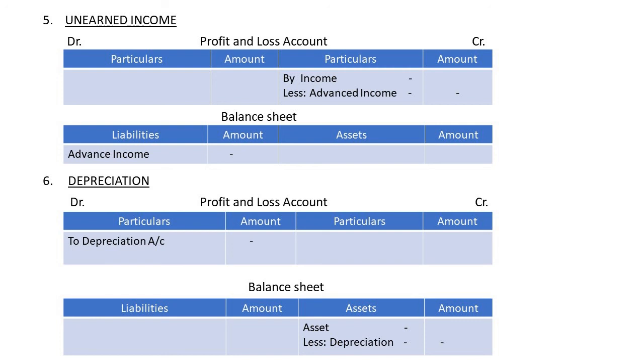Depreciation is the loss or fall in the value of fixed assets due to their constant use in the business. The accounting treatment of depreciation is that it will be shown as an expense or loss on the debit side of P&L account, and secondly it will be deducted from the value of that concerned asset on the asset side of the balance sheet.